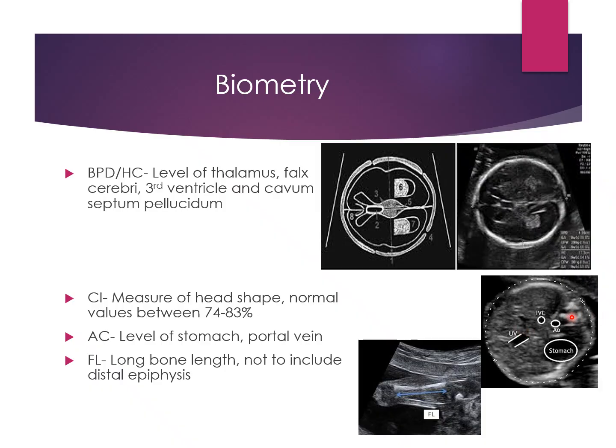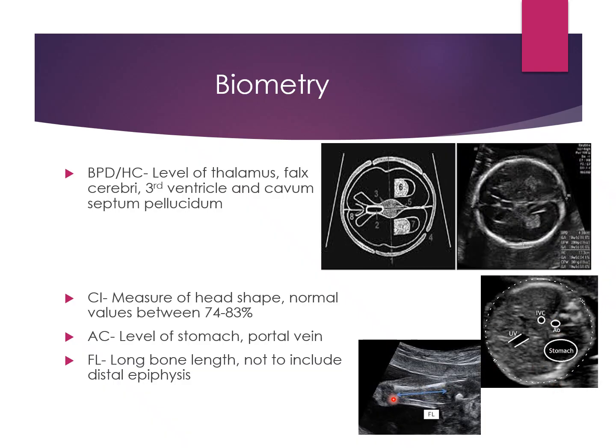We have our spine, then we have our stomach to the left of the spine, and then we have our aorta and IVC anterior to the spine, and that umbilical vein is going to be coming up and turning into the portal vein here. So these are the landmarks that we want for that abdominal circumference. And now, unlike the skull, we are going to include any tissue. So if we have a nice chunky baby, we're going to include all of that in our abdominal circumference.